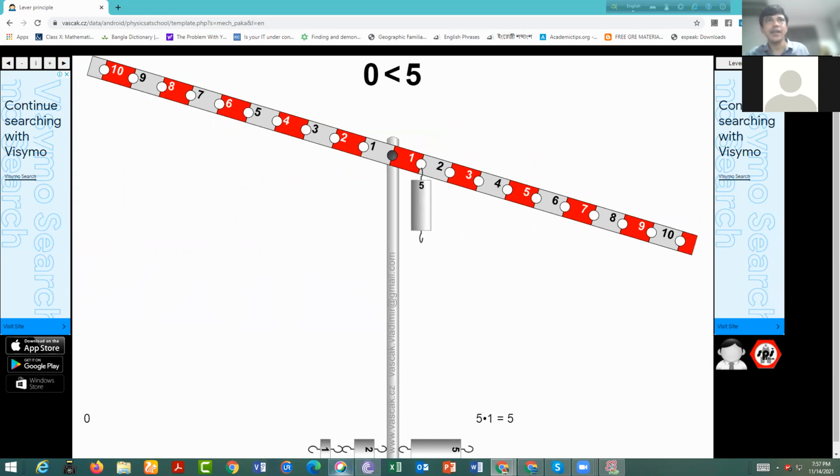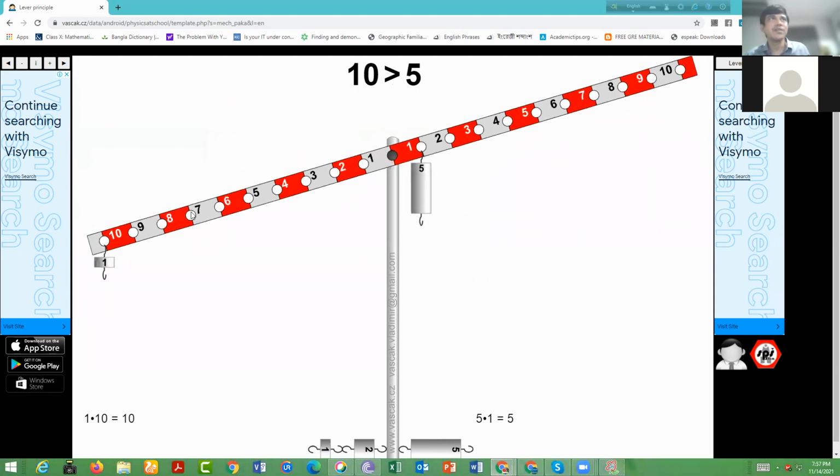If I give 5 Newton here, or I give 1 Newton far away, although it's 1 Newton, it has more moment because of distance. So you understood this one.